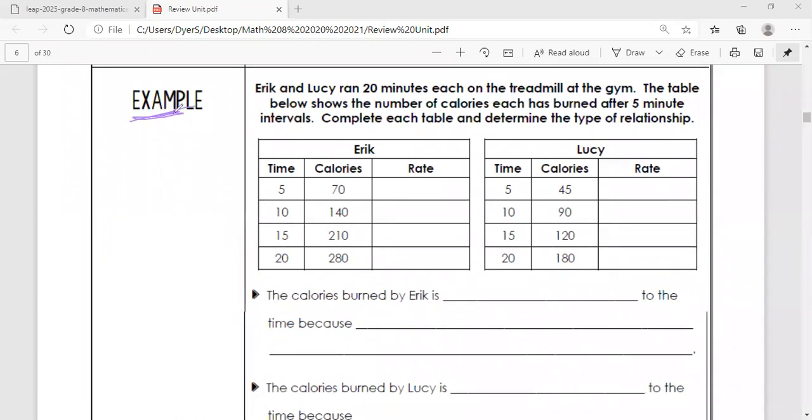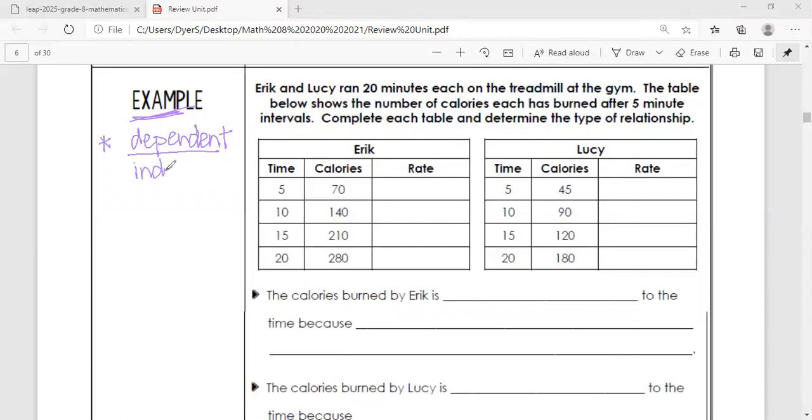Here's an example. Before we start, I wanted to put two things over here. I want you to put it in your notes. First and foremost, when we're talking about a ratio, and particularly here when we're moving from just numbers into application problems, we're always going to have the dependent variable to the independent.